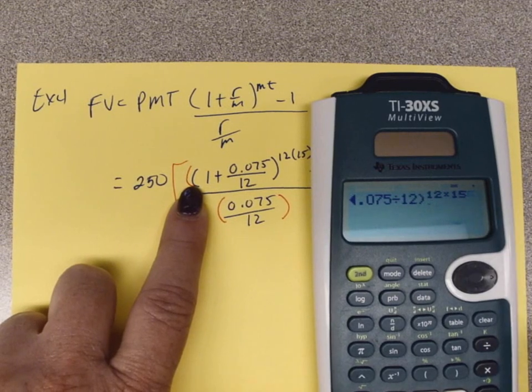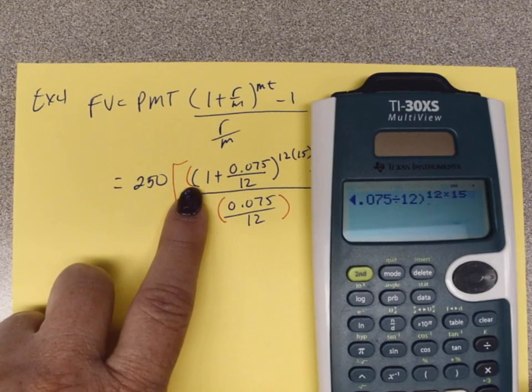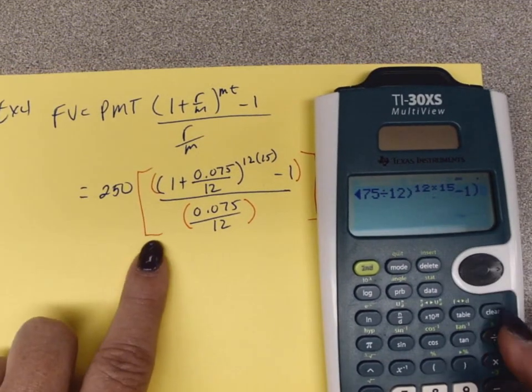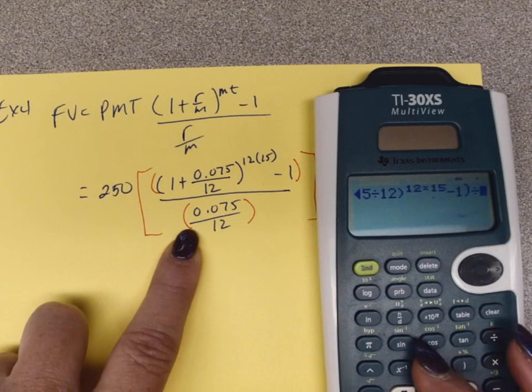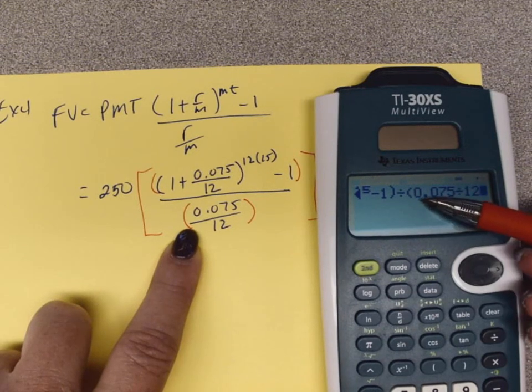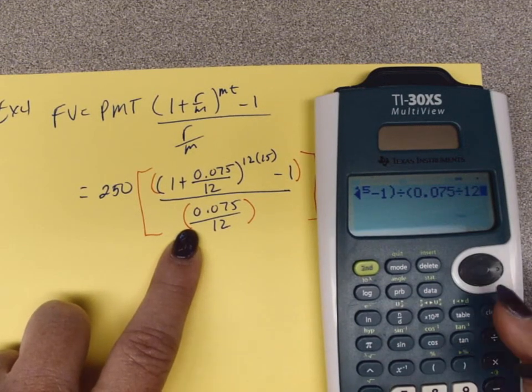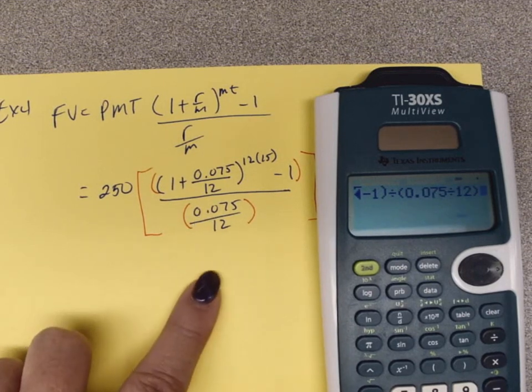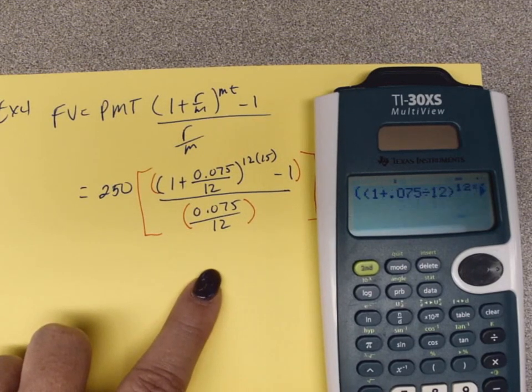You can multiply that first if you want to. And then back it back down, minus 1, close the top. So now I've got that parenthesis closed. Now I'm going to divide and then open the parenthesis, 0.075 divided by 12. You don't have to put the 0 before the decimal place. I just tend to, so that it's very clear to my students that it's 0 point. And then I'm going to hit enter.